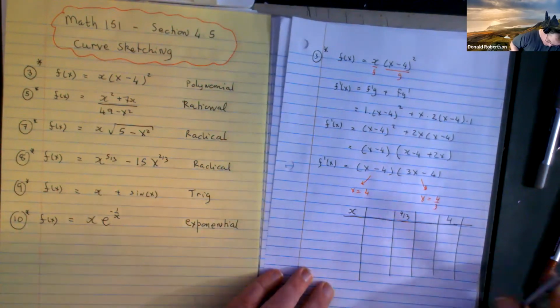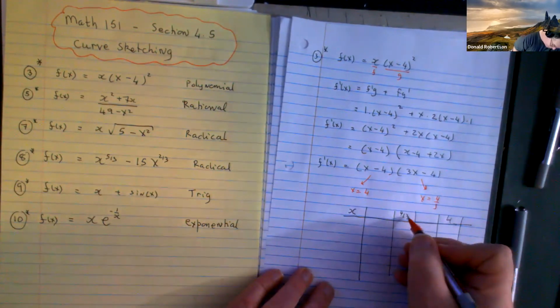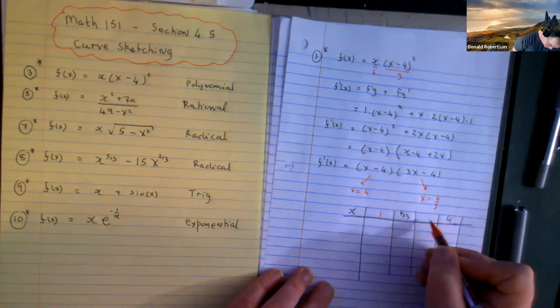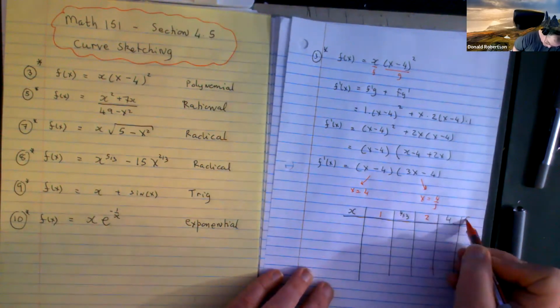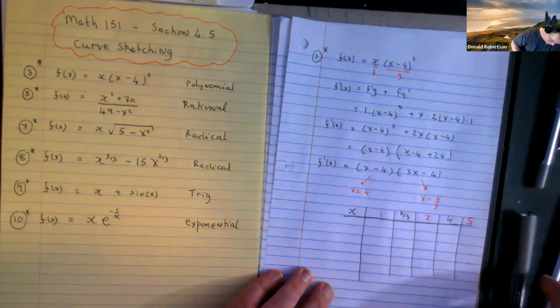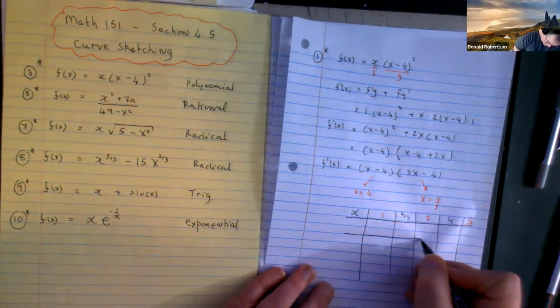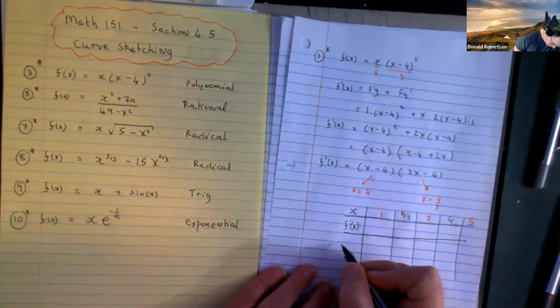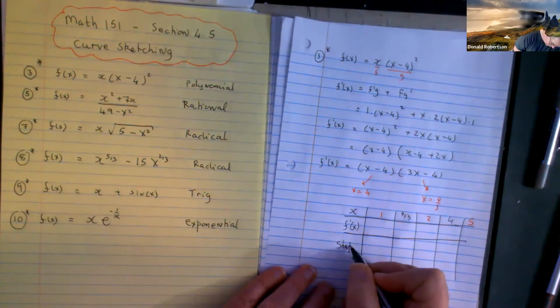Something like that. And something less than 4/3, how about 1? Something between here and here, how about 2? And something bigger than 4, how about 5? So I've decided that I'm going to use those. I'll do a first derivative and I'll do the shape.